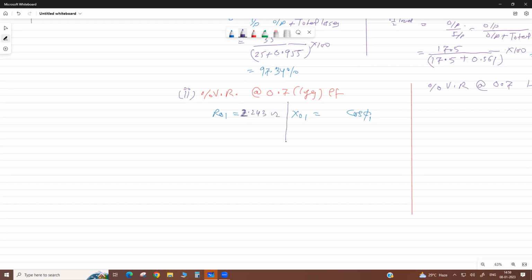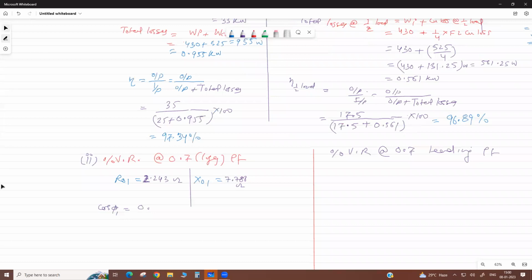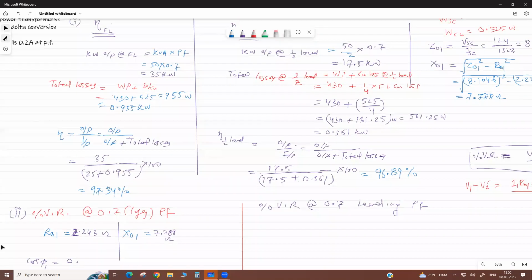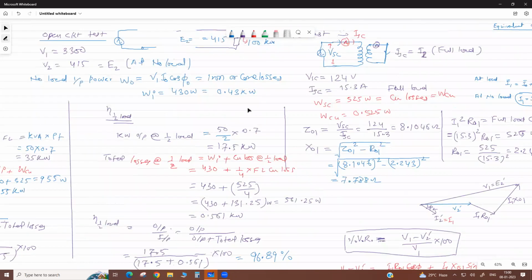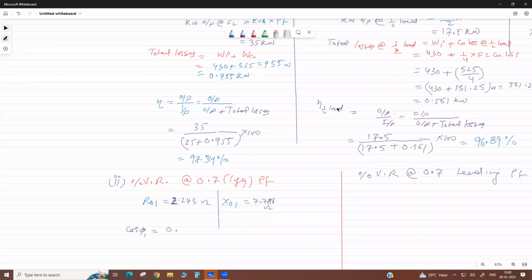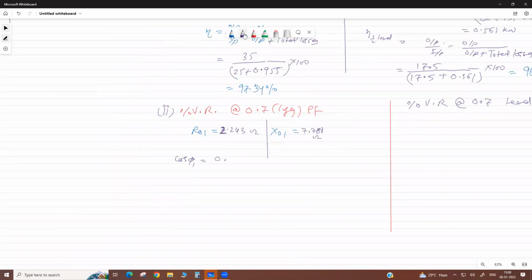R01 is 2.243 and X01 is 7.788, and your power factor cos phi is given 0.7, and 0.7 is given lagging.